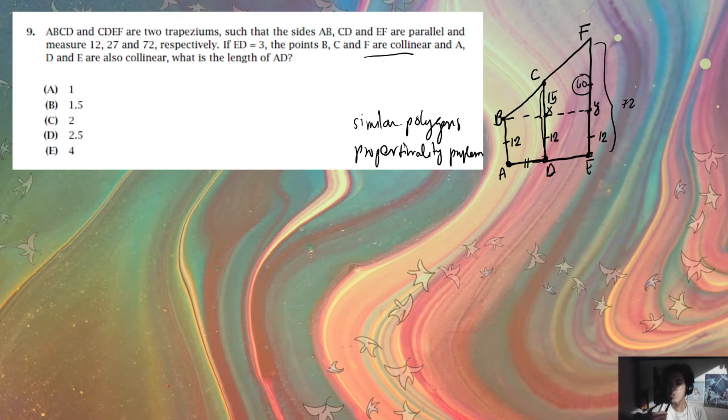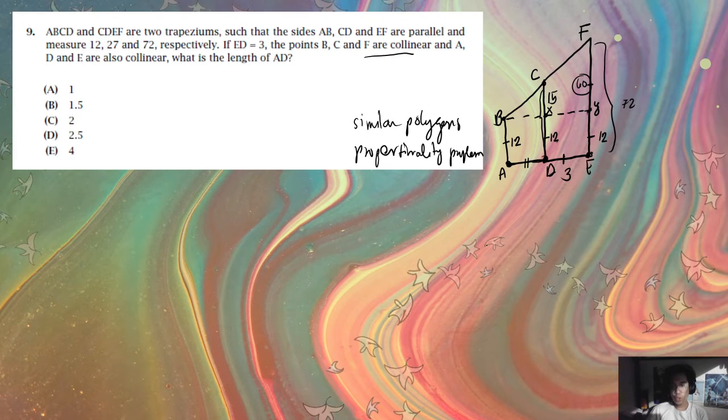Since we know, according to our given, that DE is equal to 3, this is 3 and this is 12 and this is 12 and this is 12.